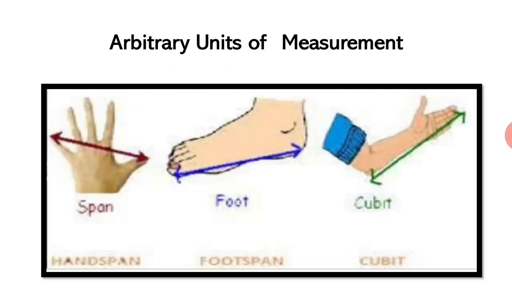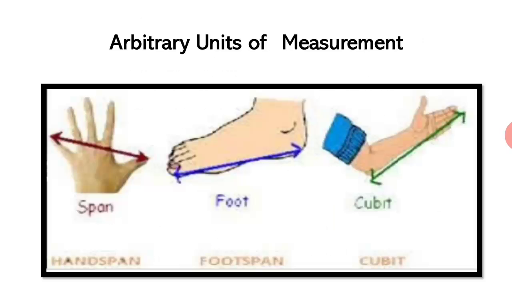Now, these are not exact measurements, because your hand is slightly smaller or bigger than your friend's or another person's, and the same is true of your foot. When you go to the market to buy a shoe, everybody doesn't have the same size.